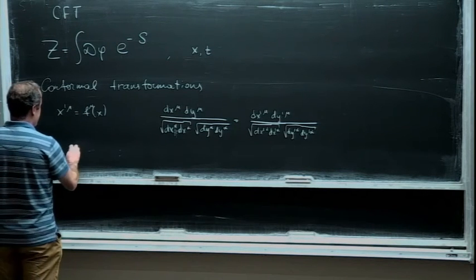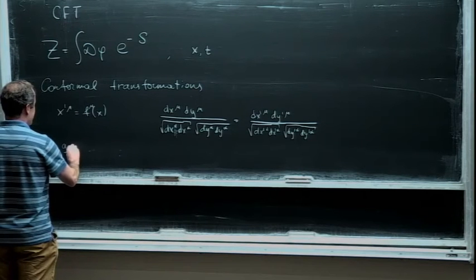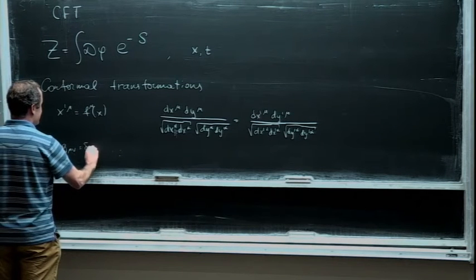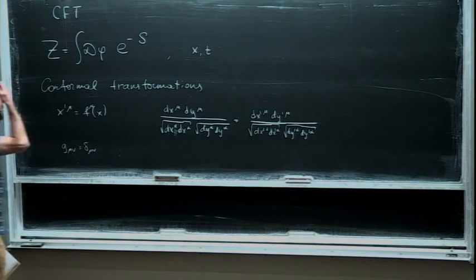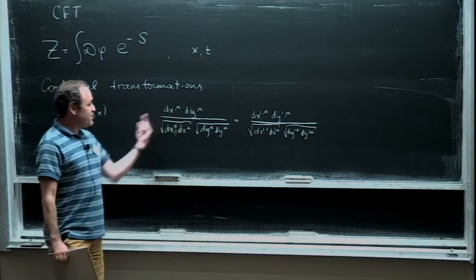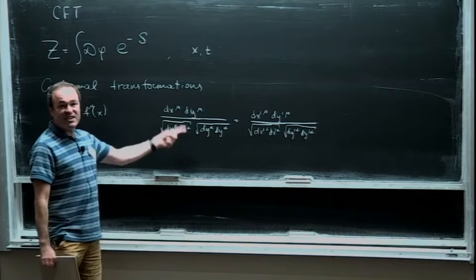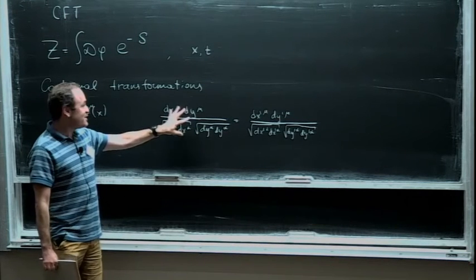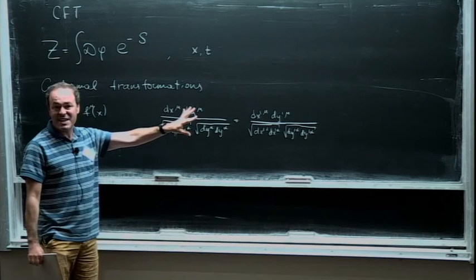But if I define a metric g_mu nu, which is actually delta_mu nu, the Kronecker delta in the space of x's, and I do a change of coordinates, in the new coordinates I'll get some kind of new metric. And now, if I write down this type of product in terms of the metric, then of course this will be covariant, meaning if I write it in terms of x's, or if I write it in terms of x primes, I'll get the same answer.